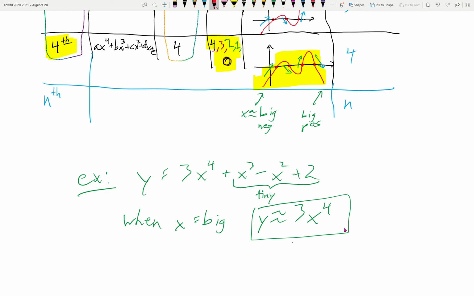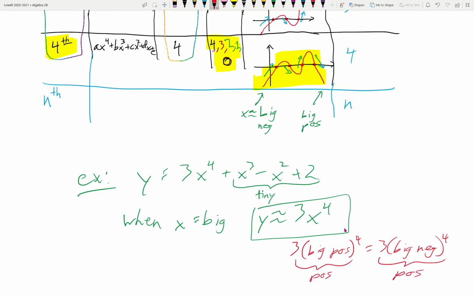So 3 times big positive to the fourth is equal to 3 times big negative to the fourth power, because they both end up being positive. Now, if the coefficient here is negative, then they would both be negative actually.